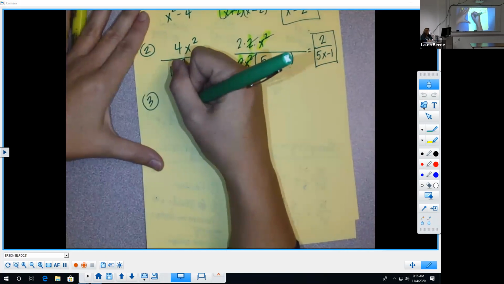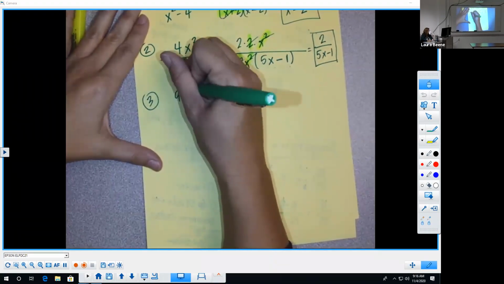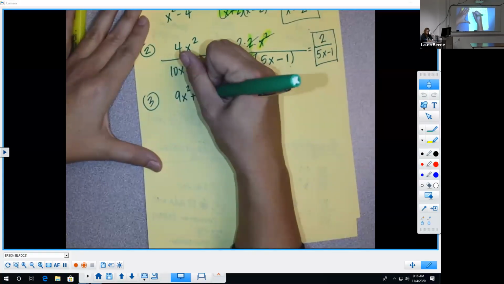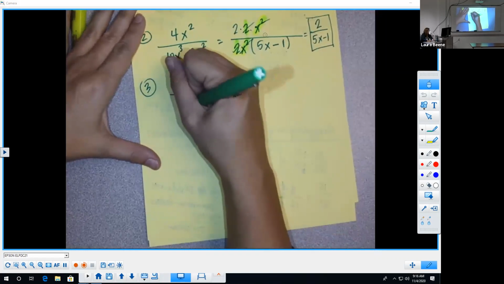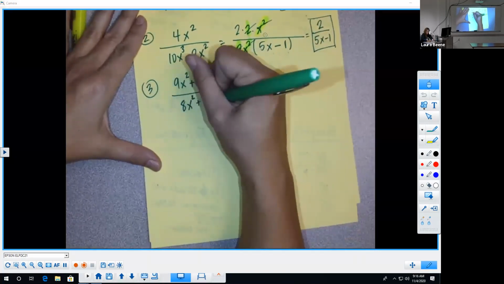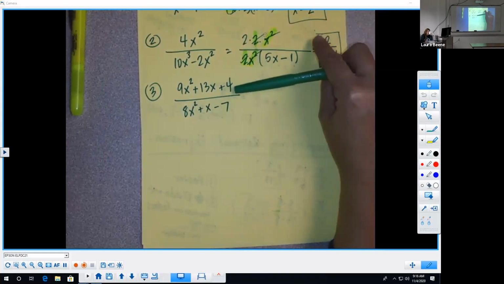Okay, look at this problem. If we had 9x squared plus 13x plus 4 over 8x squared plus x minus 7. How am I going to factor the top?